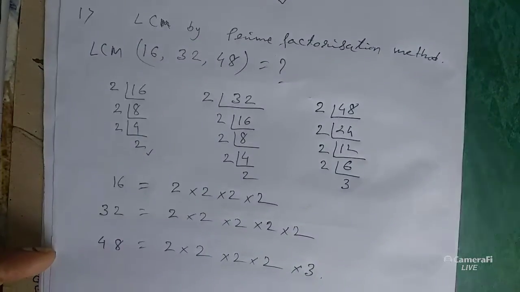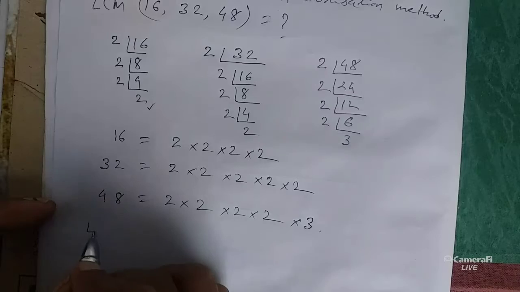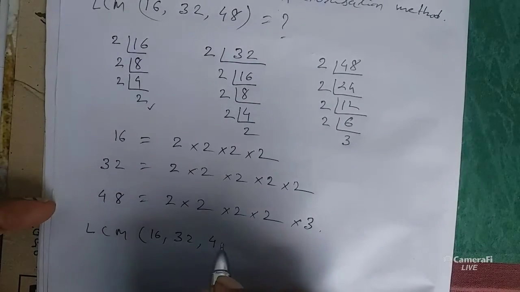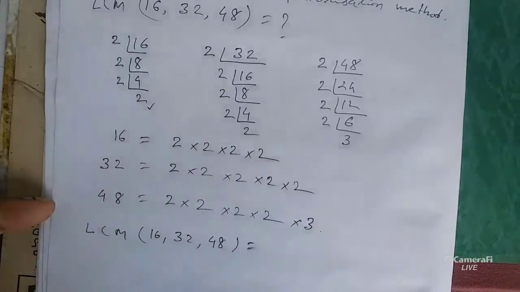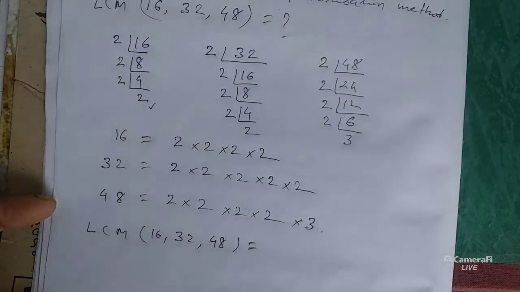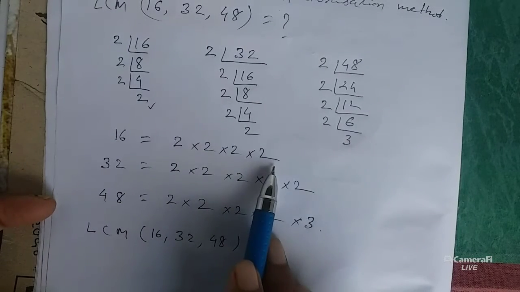Now we can find the LCM of these numbers. How? We will choose common or uncommon factors, but the maximum number in factors. Check how many 2s are there. In 16, 1 2 3 4, 4 2s are there.